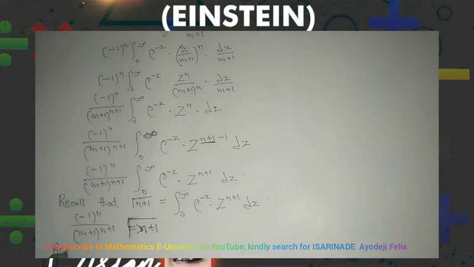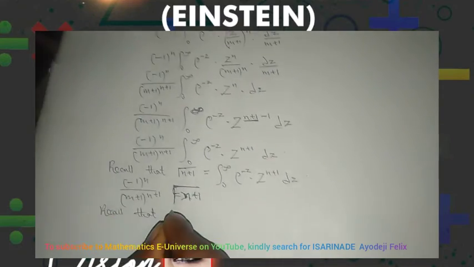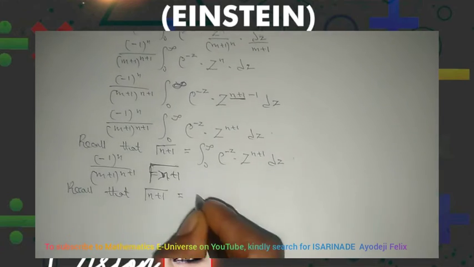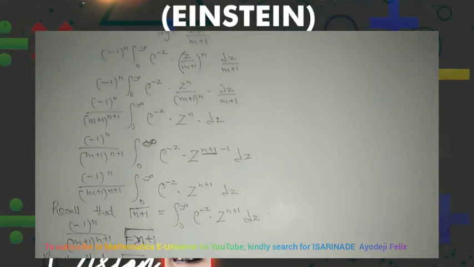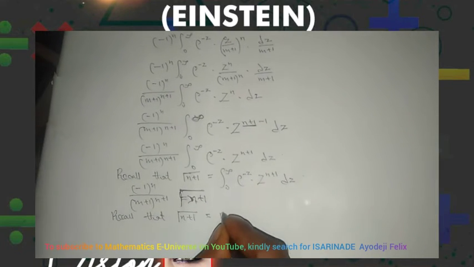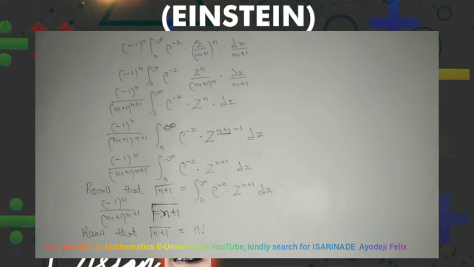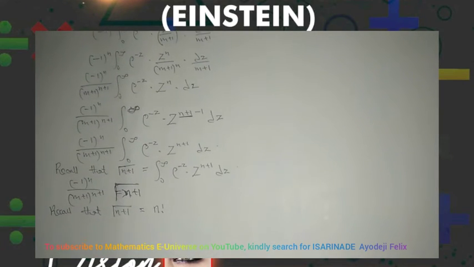And also recall that gamma of n plus 1 is the same thing as n factorial.